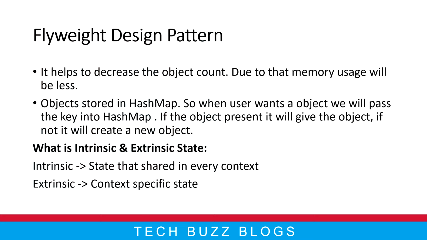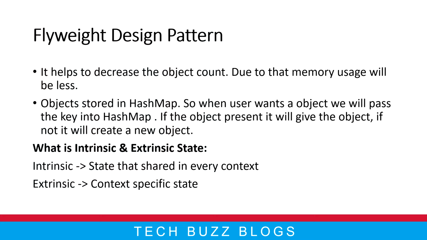The first field is employee ID, the second is employee name, and the third is the company name of the employee. Assume 10 employees for a specific company. The ID will be different, the name will be different, but the company name will be the same for all the 10 employee objects. Correct? So this is what we can understand.